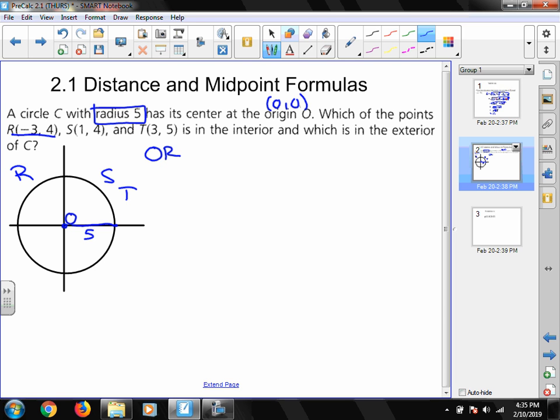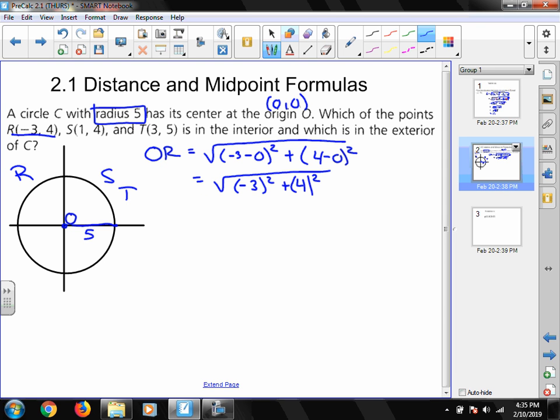So I'm going to use my distance formula again. -3 minus 0 squared plus 4 minus 0 squared gives me -3 squared plus 4 squared, which gives me the square root of 9 plus 16, or the square root of 25, also known as 5.